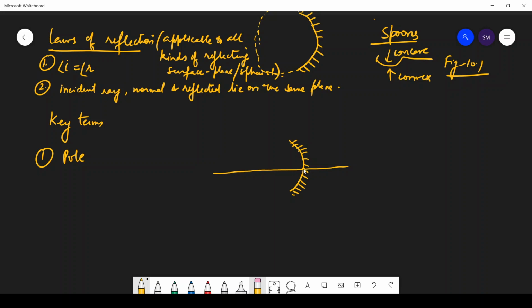So this point at the center is pole, and I write this point as P. So pole is the center of the reflecting surface of spherical mirror.